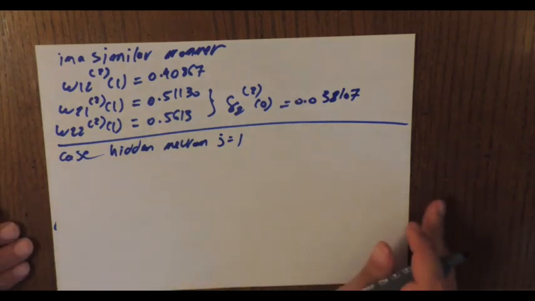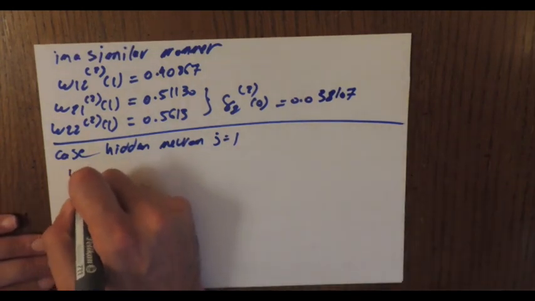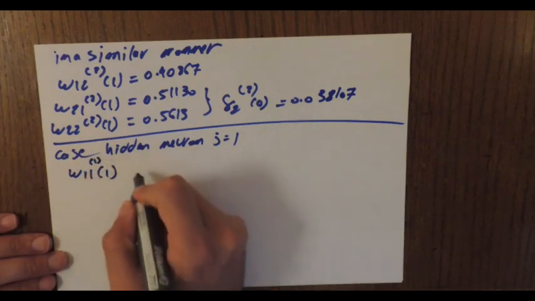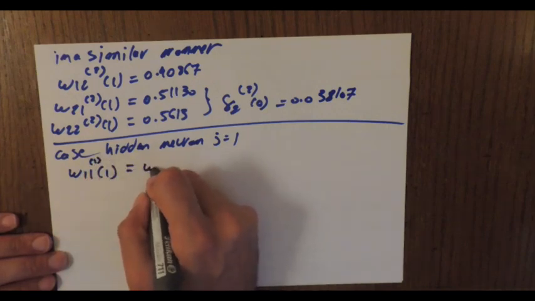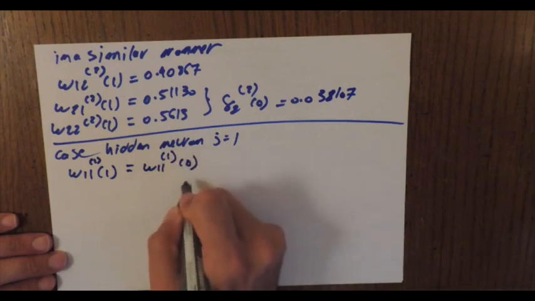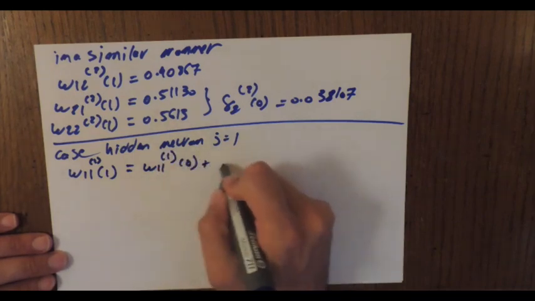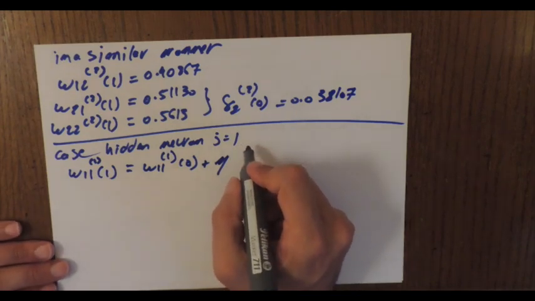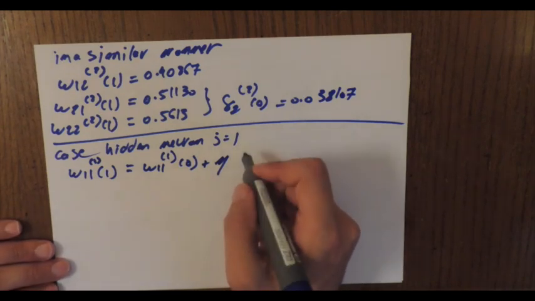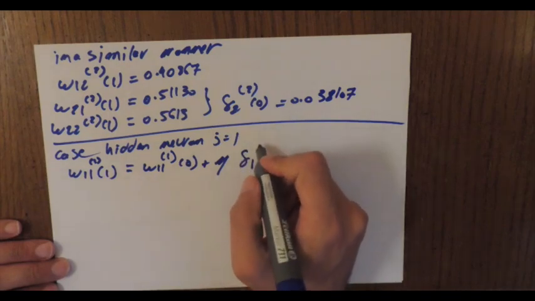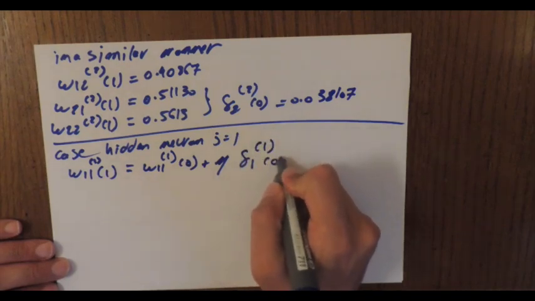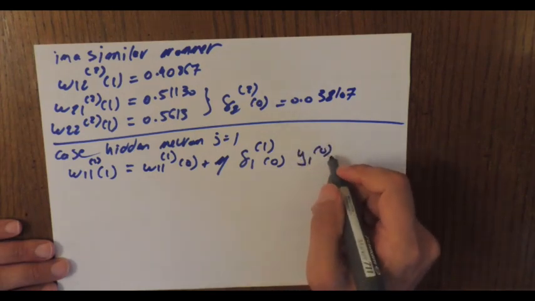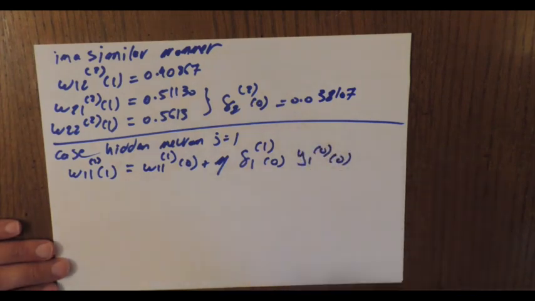So for this case, each weight will be done separately. So w11 of 1, this time of the first layer, is equal to w11 of 1, the old one, plus the learning rate times the local gradient at this level, times y1 of 0. This is the input.